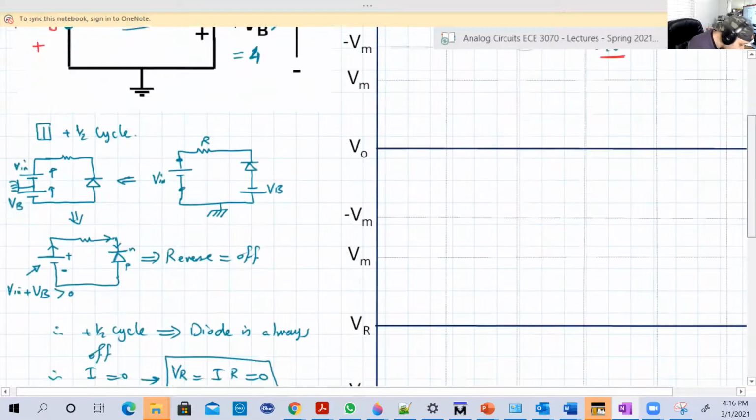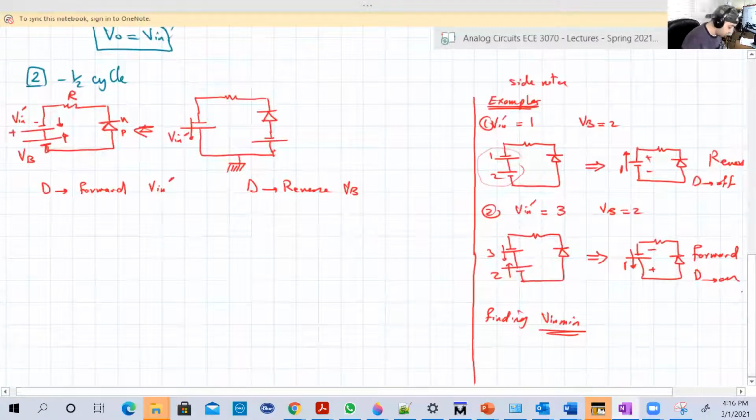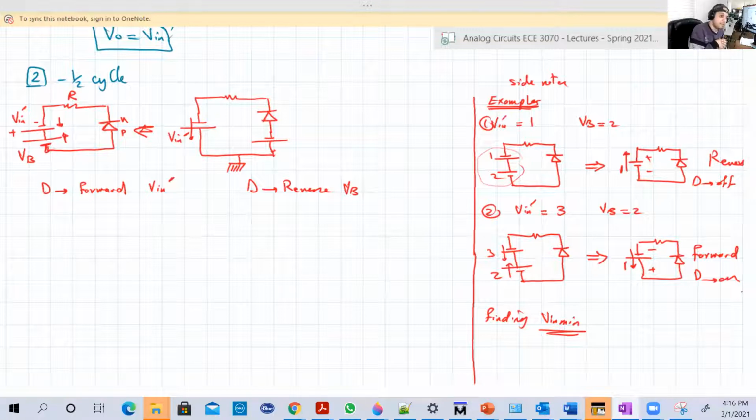In the first half cycle here, D was reverse with both, so the N was closer to the positive of both, and the B is closer to the negative of both. Here, no. The diode here has N closer to the negative of Vn dash, but positive of VB. And the opposite was the B side. Okay.